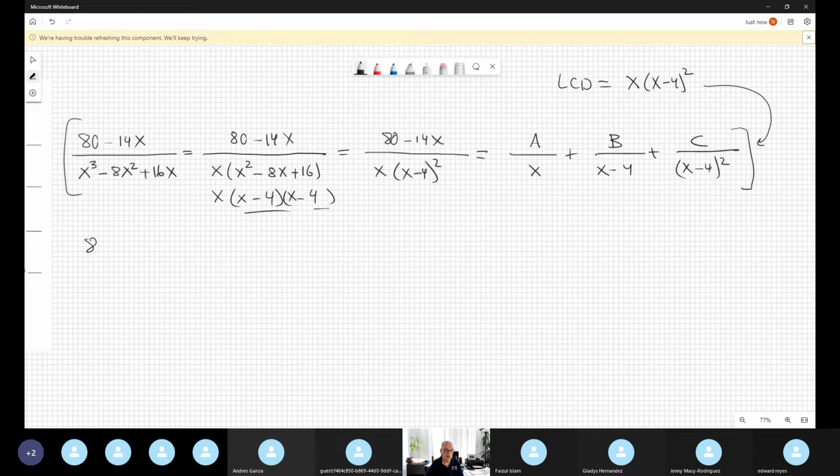Just we have 80 minus 14x equals A times x minus 4 squared plus Bx times x minus 4, no square, plus Cx. Do you understand this or no?